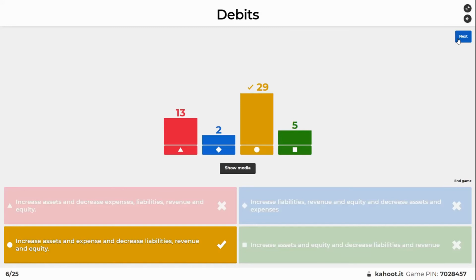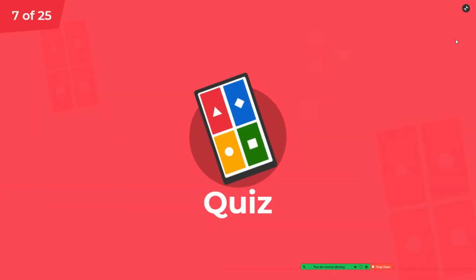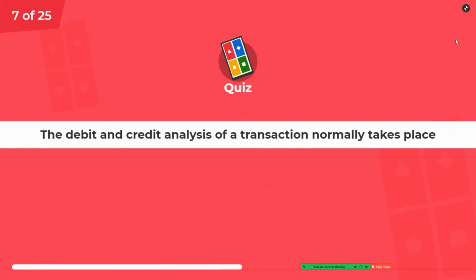Kasi nga, di ba ang debit, ito yung normal side ng asset and expense. That's why there's an increase. And normal side naman ng liabilities, revenue, and equity would be credit. No? Iba. We go now to question number 7.